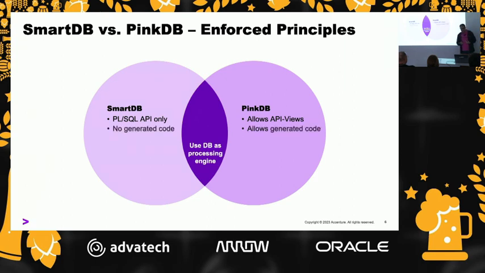The other difference is SmartDB does not allow generated code. And from my point of view, and everything I say here in this talk, by the way, that's all my opinion. It's fair enough if you have another one, but this is my opinion. So in my opinion, it's completely okay to use generators.